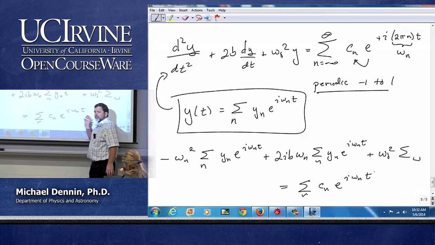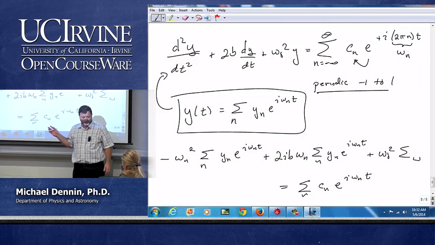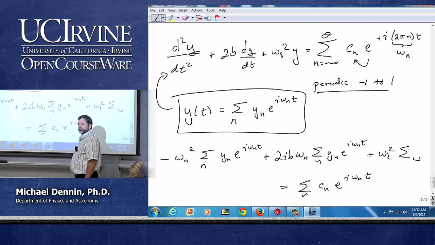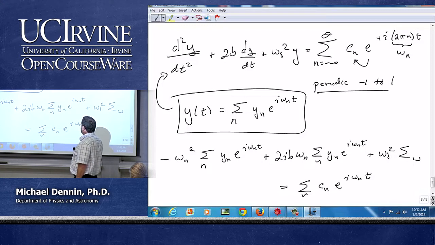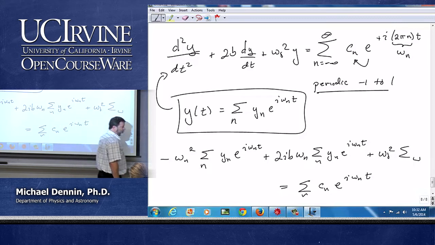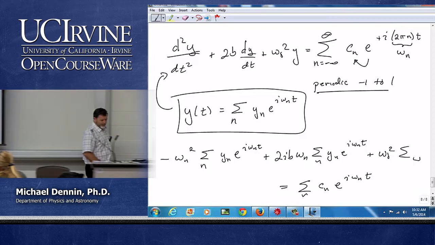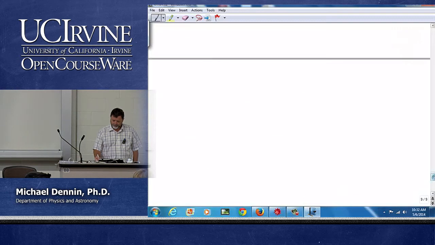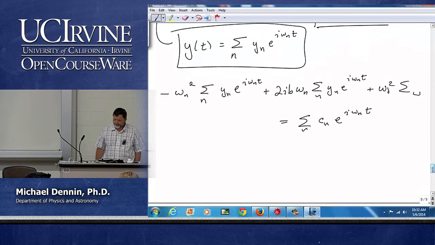Now, why have I helped myself by doing this? Now it's just algebra. But what's sort of important about the algebra? How might I rewrite this in a way that would be very useful? Well, first of all, what can I do with my sum over n?